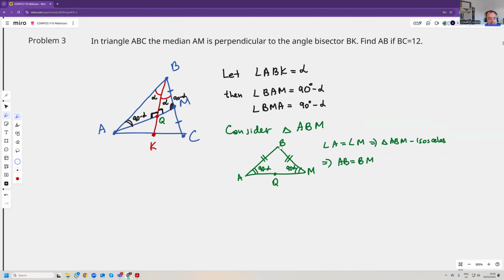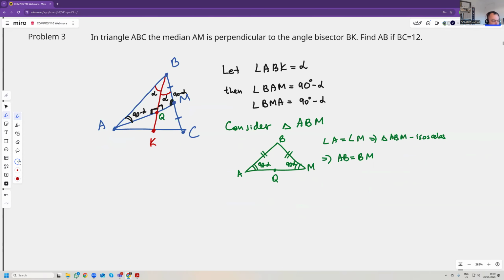But we know BC. BC is 12, and M is the midpoint. Hence, BM is 6. BM is 6, but AB is equal to BM, which is also 6.